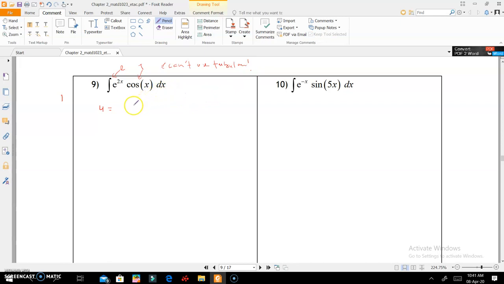So here let us use integration by parts. For integration by parts, basically you need to find these four things: u, dv, du, and also v. You can recall my previous video for it.